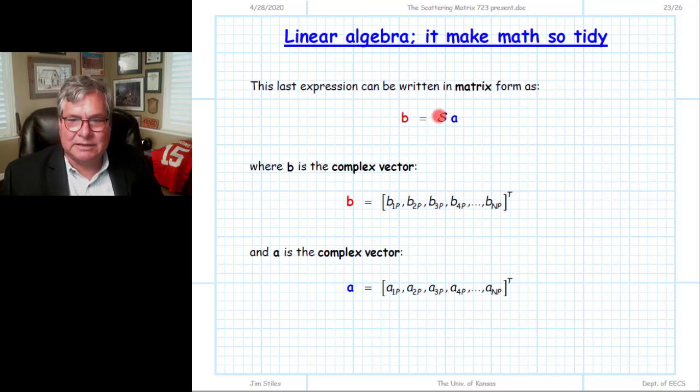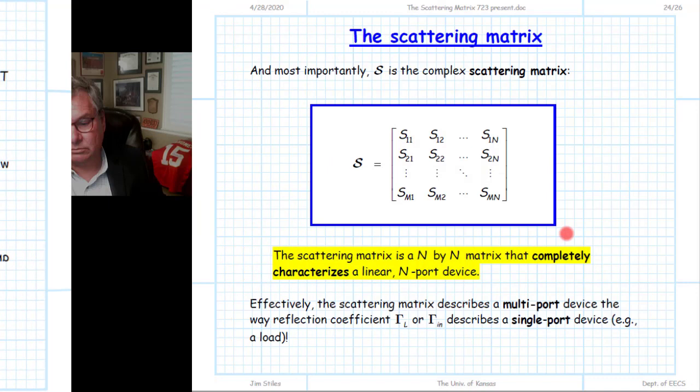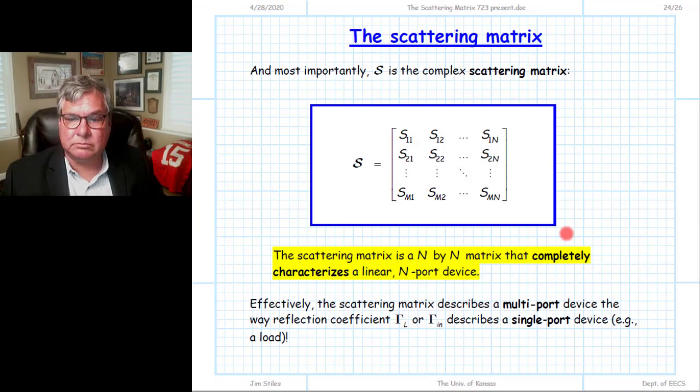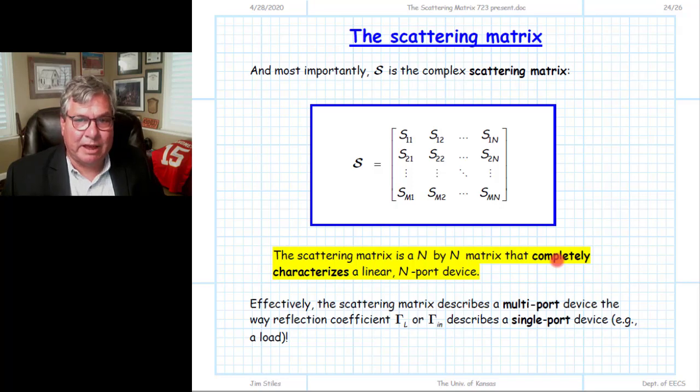What is matrix S? Well, based on our previous summation, you can conclude that the matrix S is formed by the scattering parameters which we have determined for this multi-port device. So this is the scattering matrix. Remember, we have n squared scattering parameters if we have an n-port device, and we can form them into a square matrix.